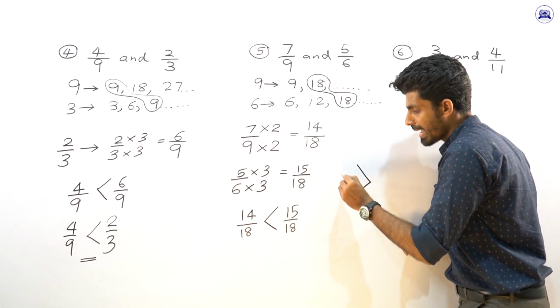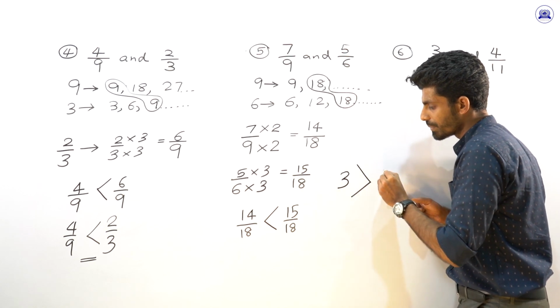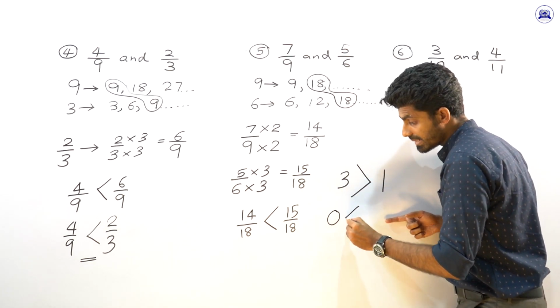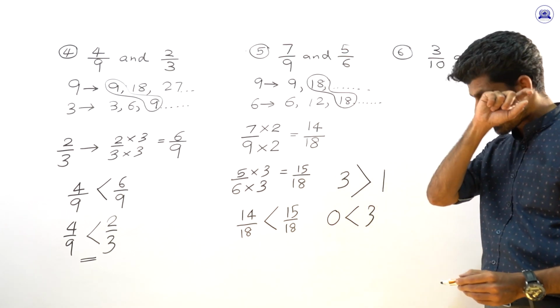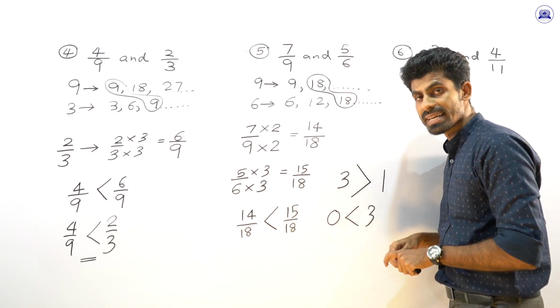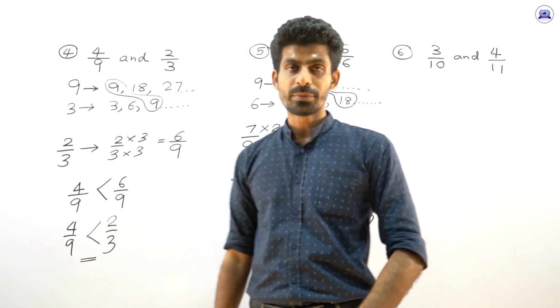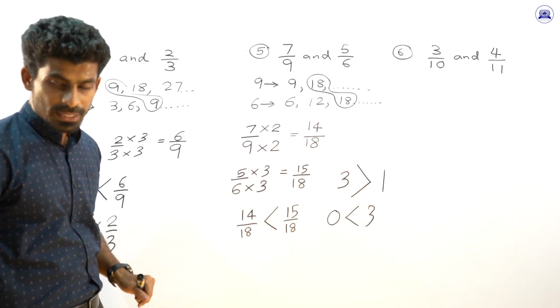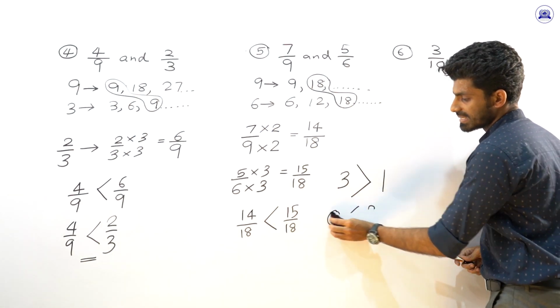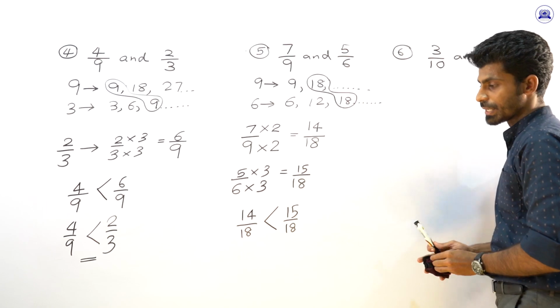This is greater than, 3 is greater than 1. This is less than, 0 is less than 3, right? We need to open that sign always toward the greater value. So that is the sign. 3 greater than 1, 0 less than 3.